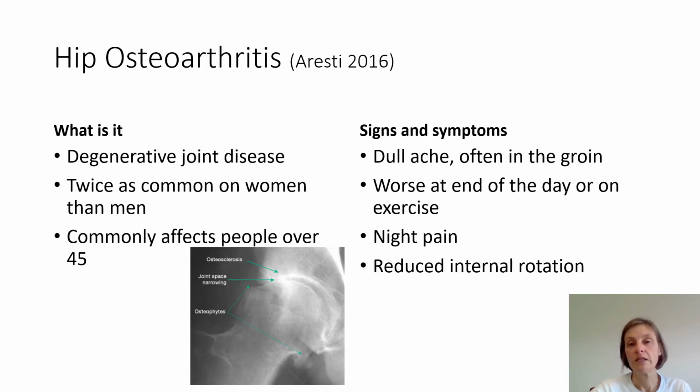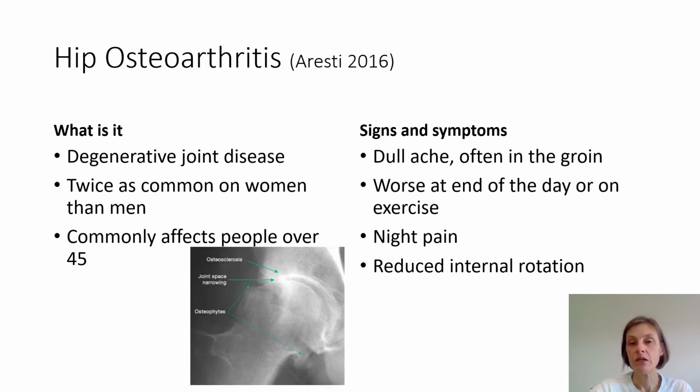Patients with osteoarthritis typically report a dull ache, often in the groin, and it will progressively get worse as the patient gets older. It will be worse at the end of the day or on physical activity, particularly walking and doing stairs are commonly reported as painful. There may or may not be night pain, or pain that keeps them awake at night.